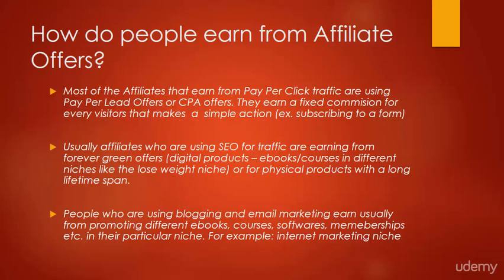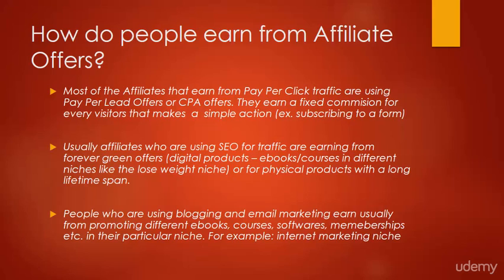Because we have talked in the beginning, in the introduction lecture, that there are more methods to earn money. Well, most of the affiliates that earn from pay-per-click traffic, that are paying for ads, are using pay-per-lead offers or cost-per-action offers, the type where a visitor enters on an opt-in form or landing page and submits his data.